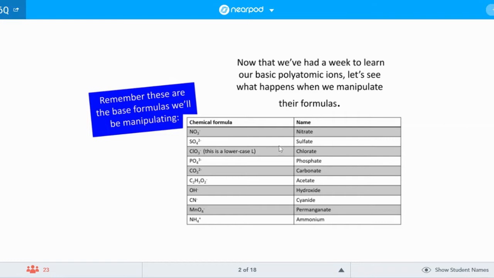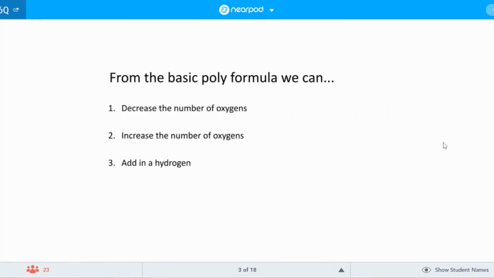So we're using these 10 basic polys to start with. There are a few different things that we can do to that basic polyatomic ion, the 10 different ones that we've been working with so far. The first thing we can do is decrease the number of oxygens in the formula. We're going to look at what happens when we decrease the number of oxygens by 1, and then again, what happens when we decrease the number of oxygens by 2.